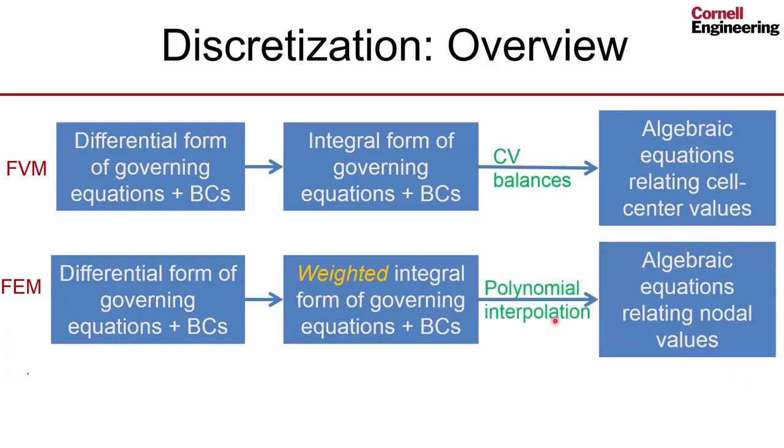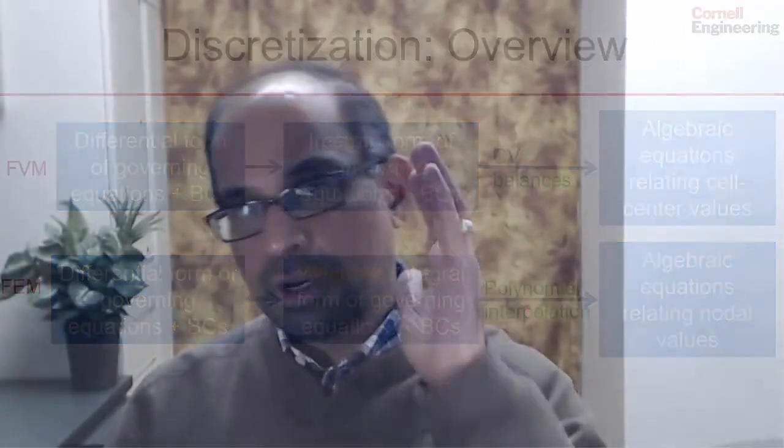And you do that by assuming polynomial interpolations within each element for velocity and pressure, but also for your weights. And because of this, in the finite element method, you're not going to each face and looking at what is the amount of mass or momentum crossing that face.